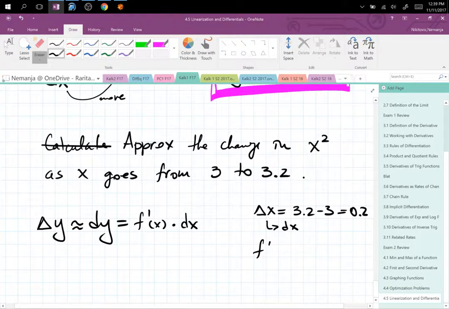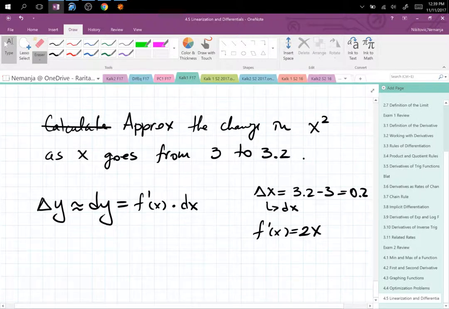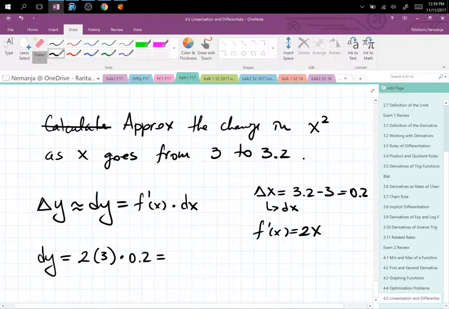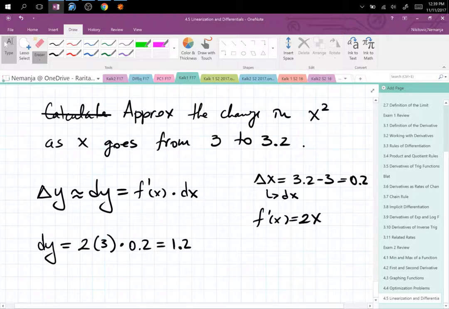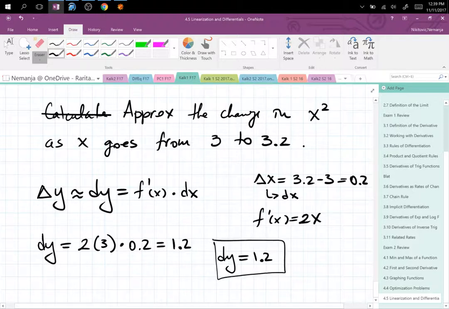We also have that the derivative of the function is 2x. So now, dy is equal to f prime computed at 3, so that's 2 times 3, times 0.2, and we get 6 times 0.2, 1.2. So, approximate change is 1.2.